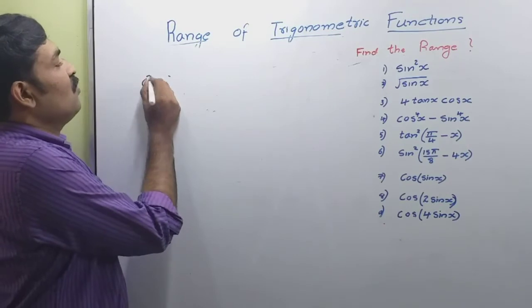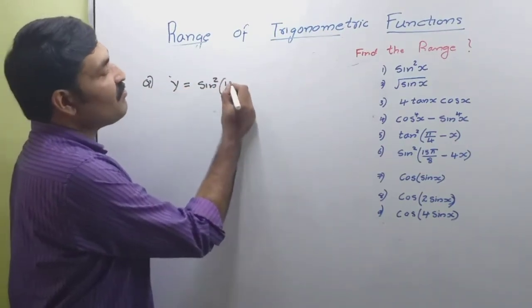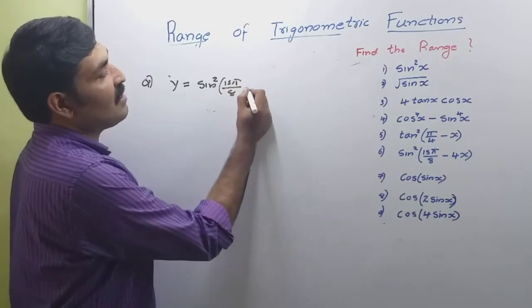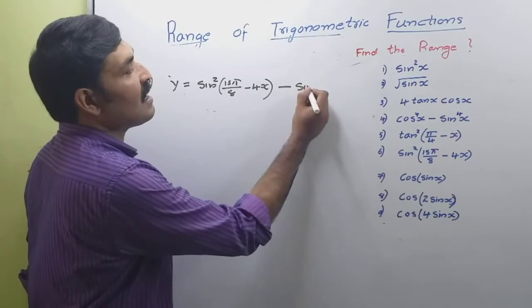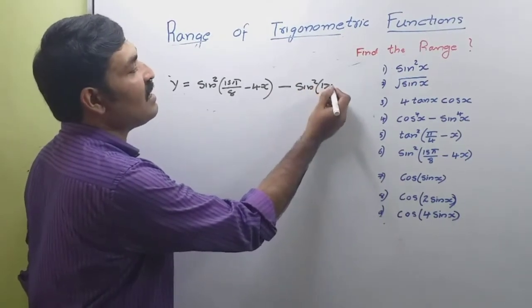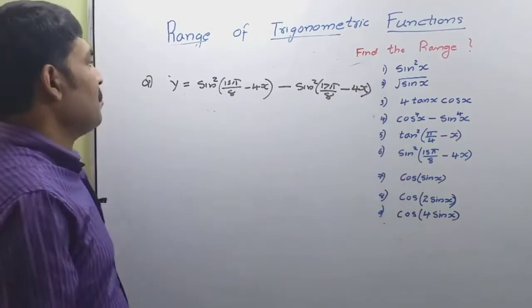Okay, y = sin²(15π/8 − 4x) − sin²(17π/8 − 4x).